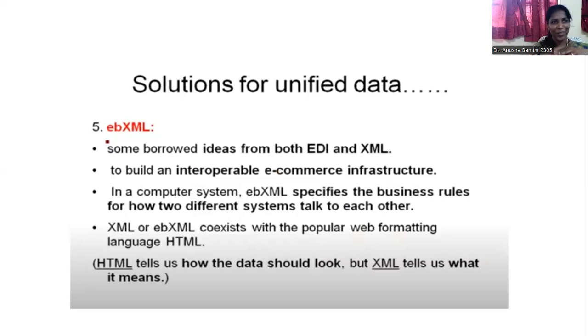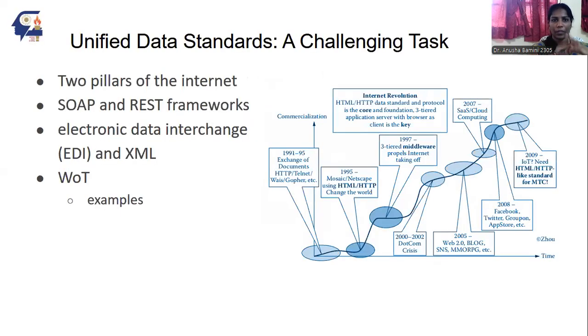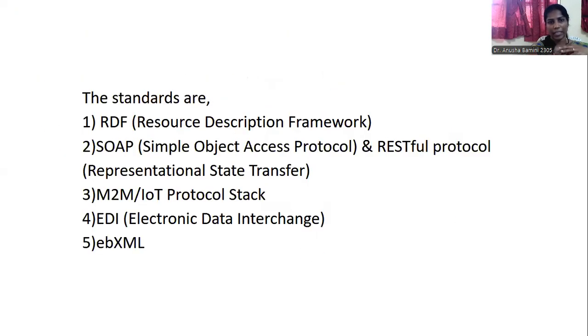For this, we can apply HTML, XML, and whatever it is, it can be included with this electronic based XML. So these are the five standards mainly used for unified data standard.